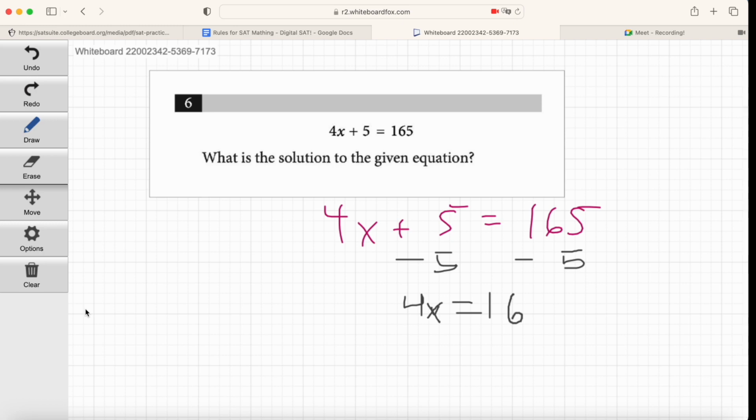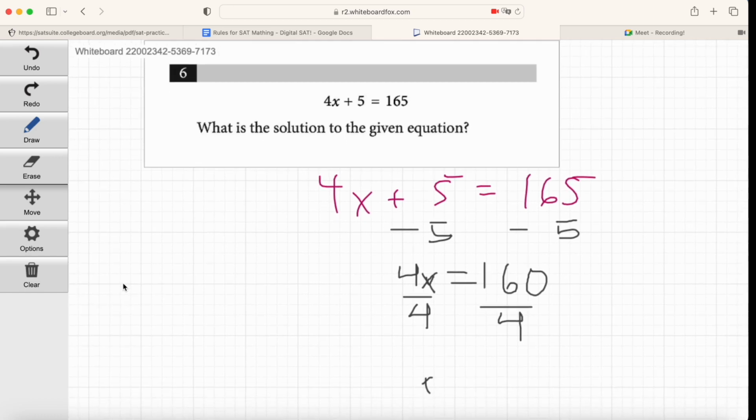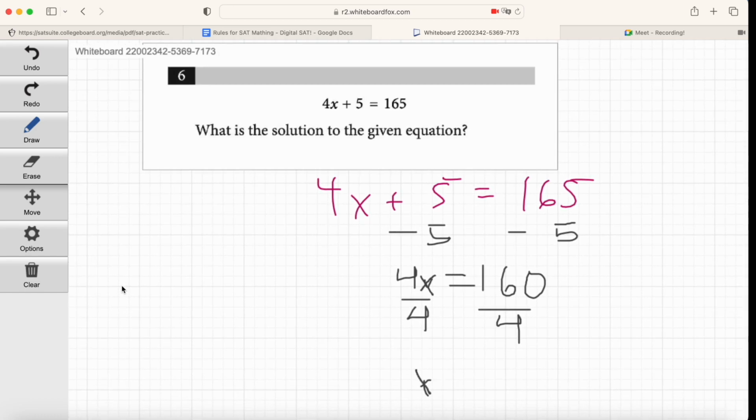Now divide by 4. Beautiful. And that is going to be x equals 40. There you go. Now, this is a write-in question, right? So you've got to write in and bubble in 40.